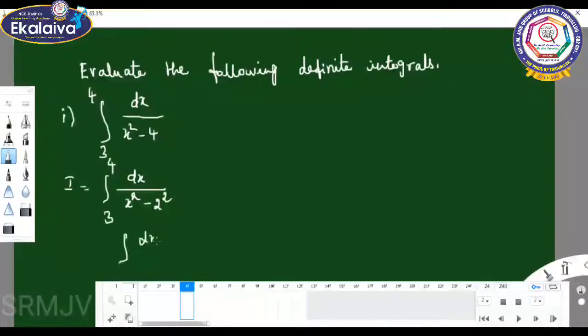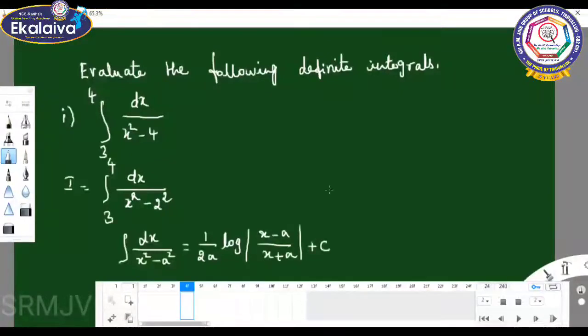Integral dx by x square minus a square equals 1 by 2a log of modulus of x minus a by x plus a plus c.